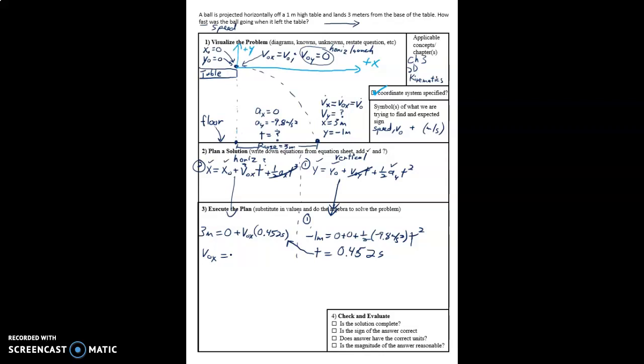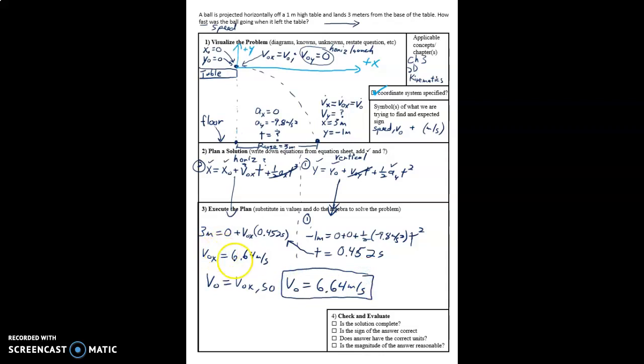We get 6.64 meters per second. And v naught equals v naught x, so v naught equals 6.64 meters per second.